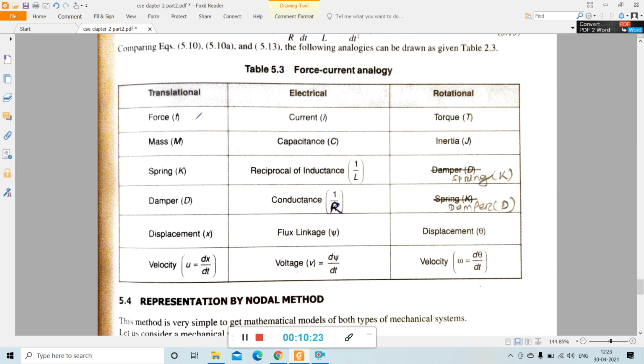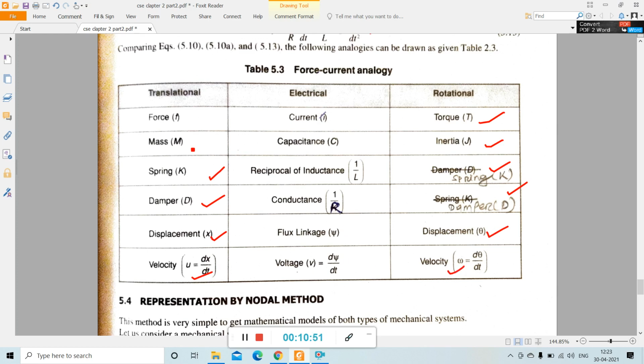See, for translational and rotational systems, it is already mentioned in the above table. Force, here it is torque, this is mass, this is J inertia, this is spring K, this is damper D, this is displacement x, this is angular displacement theta, this is velocity u, dx by dt, here velocity omega, d theta by dt.